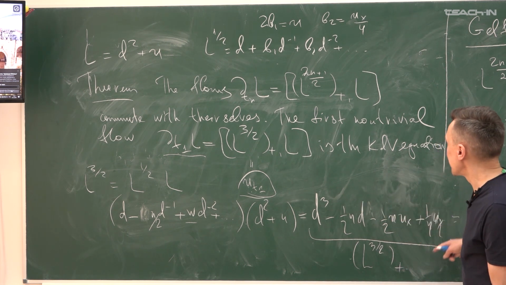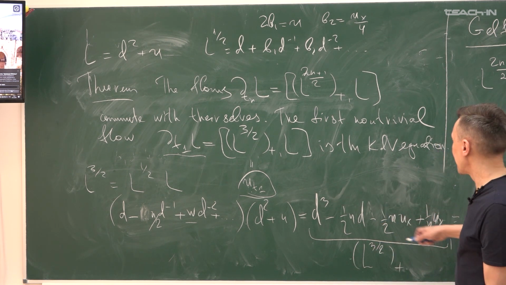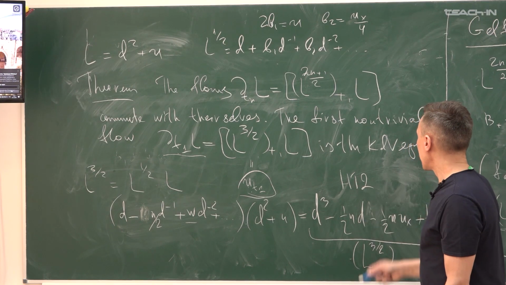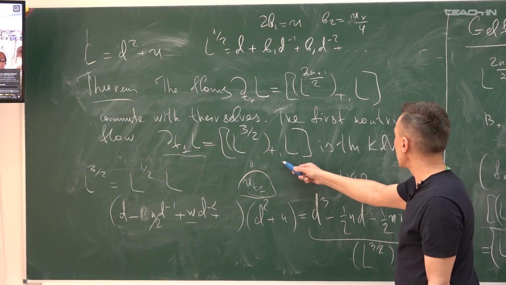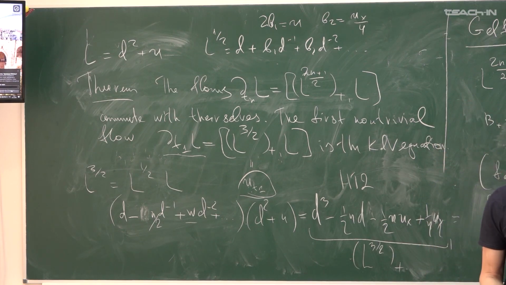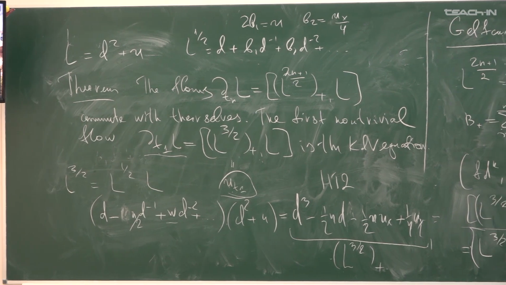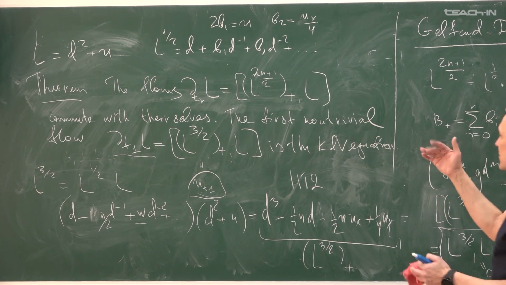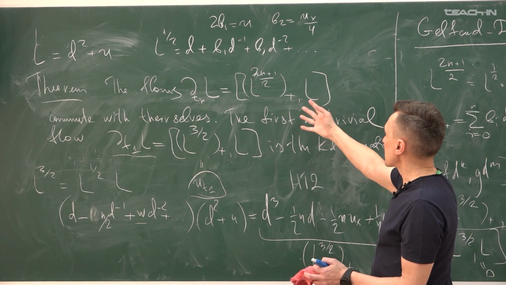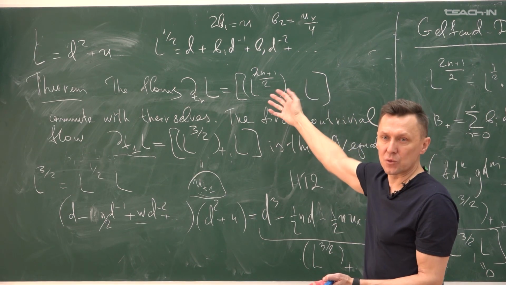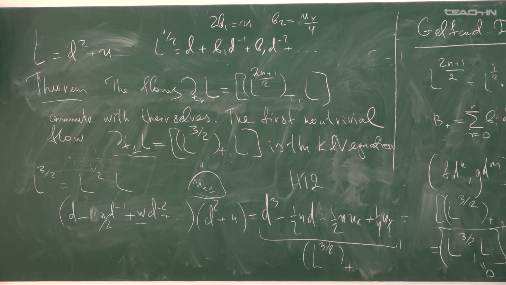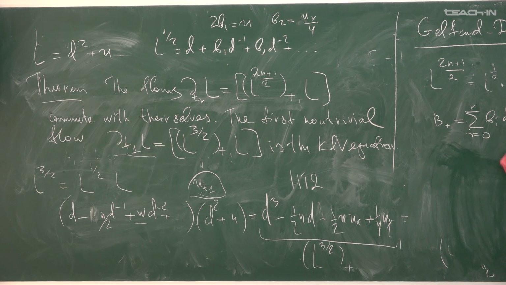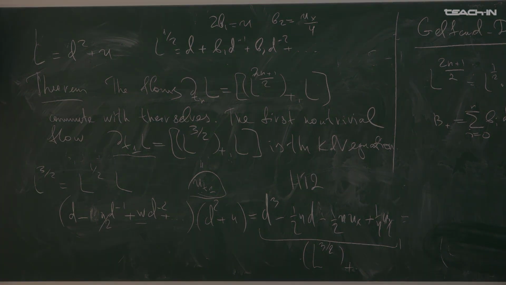So this will be your home task too, to verify that this commutator is exactly the KdV equation on the function u. I would like to proceed to the commutation condition of different flows, and it is very beautiful algebraic stuff, which can be applied in many different situations.